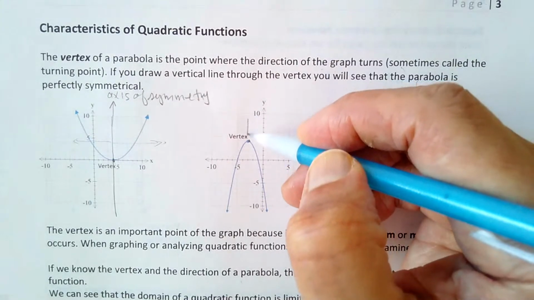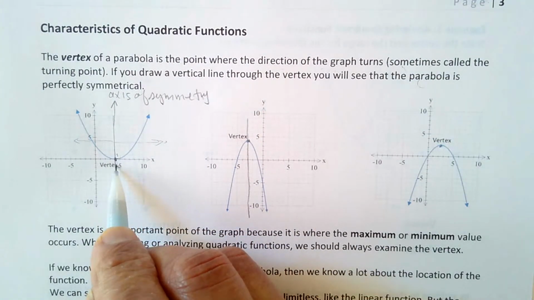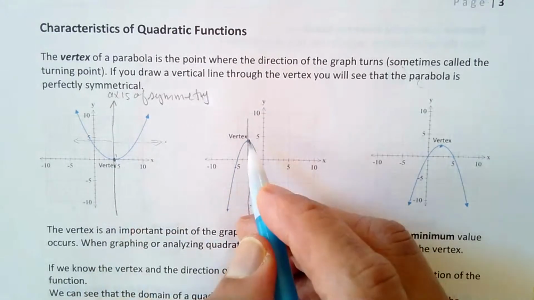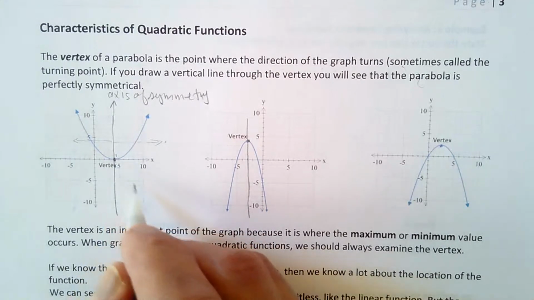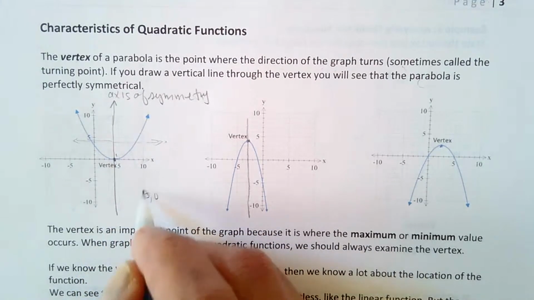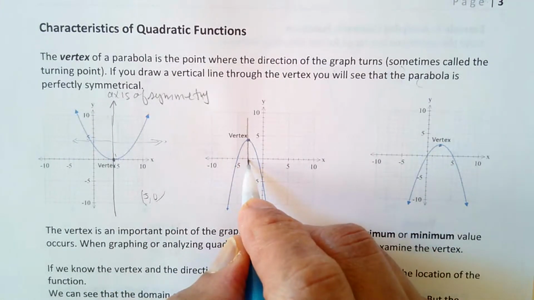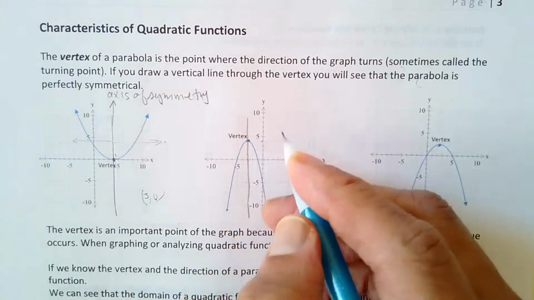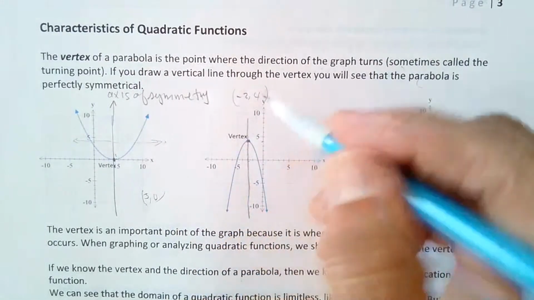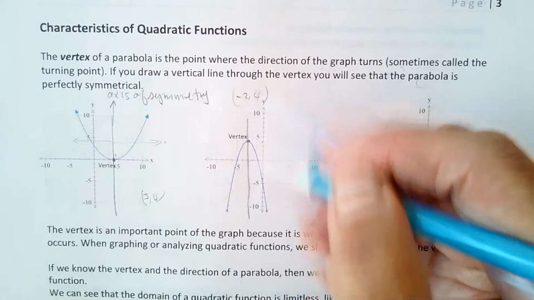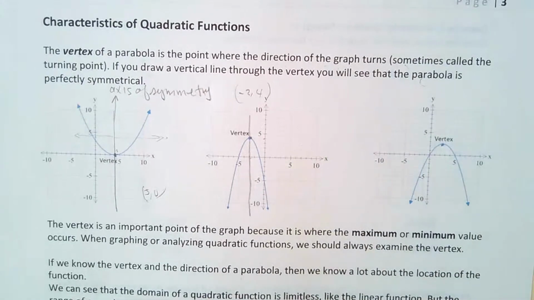The axis of symmetry is the x-coordinate of the vertex. In this case here, the vertex is (5, 0). So (5, 0) is a vertex, so the axis of symmetry would be 5. Here it's (-2, 4). The axis of symmetry is -2 because that's the vertical line that divides the parabola, or the quadratic function, into identical parts.